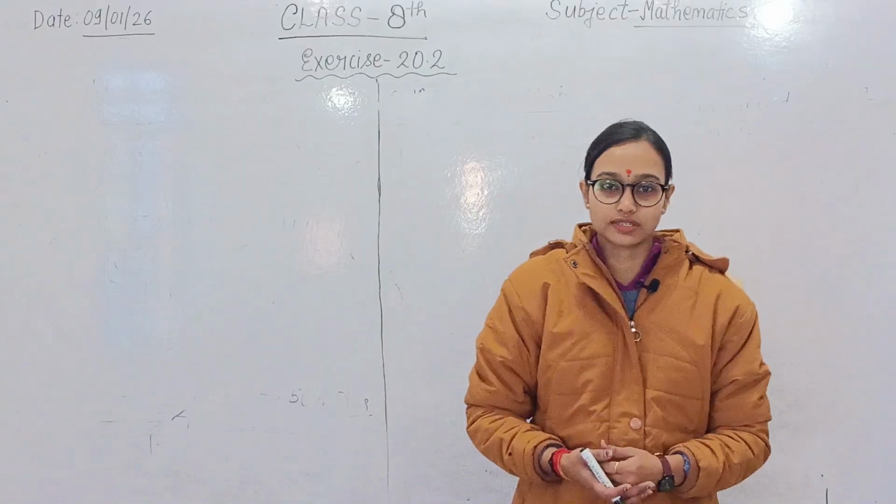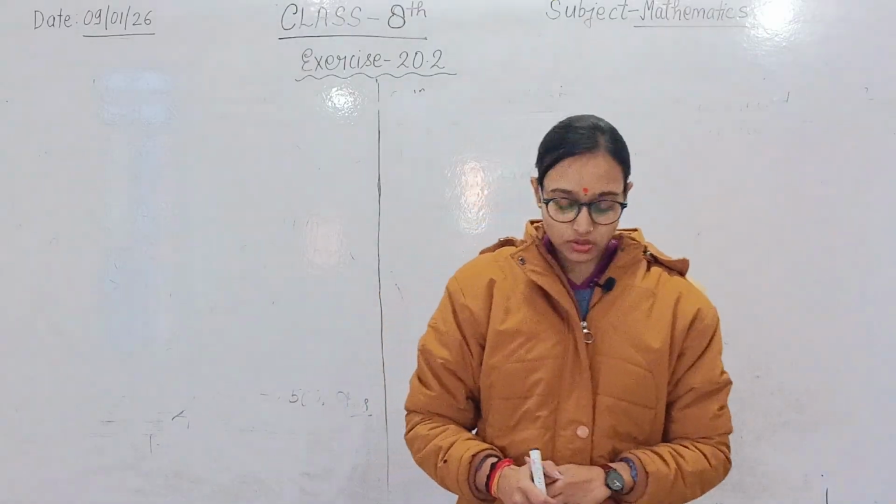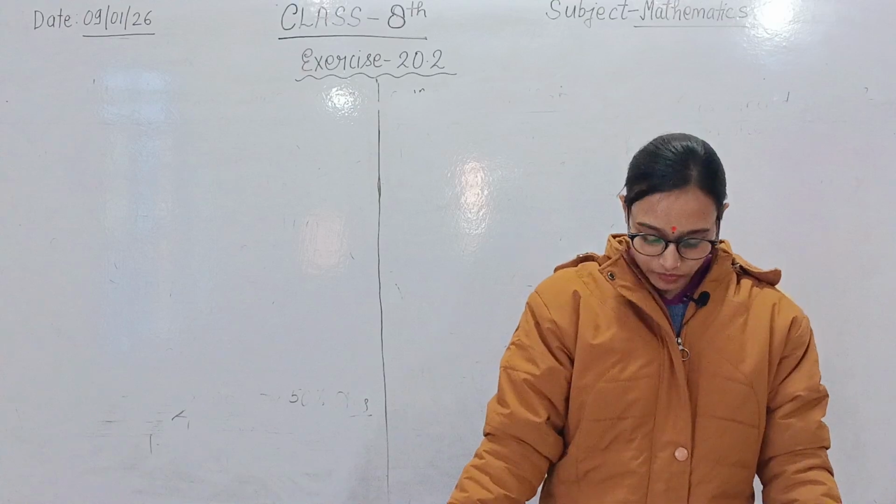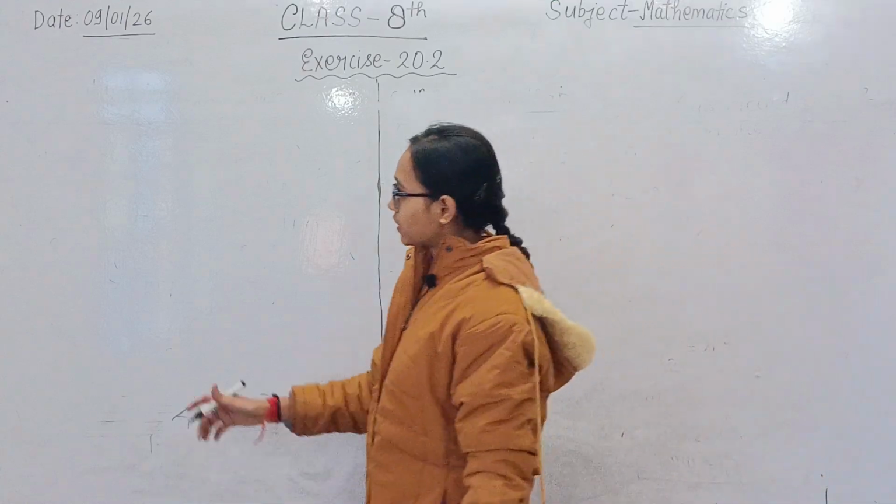But in this question, it is clearly mentioned that in the place of pi, we don't have to use 22 upon 7. We have to use 3.142. So firstly, we will write it.